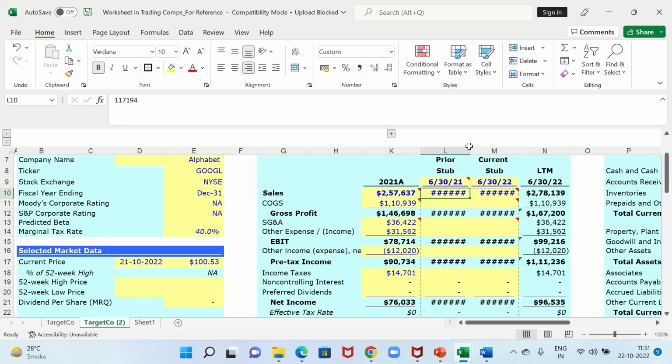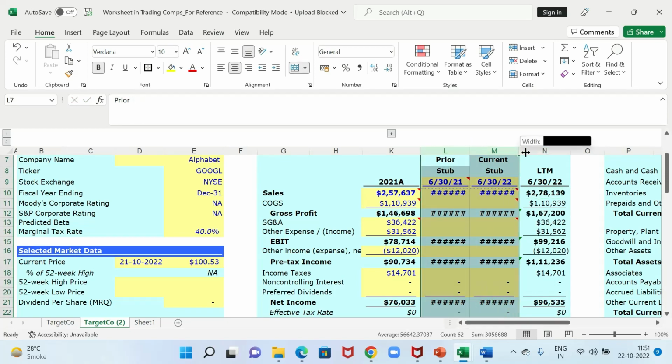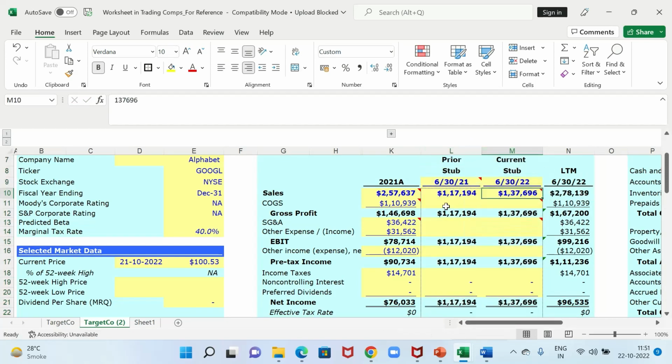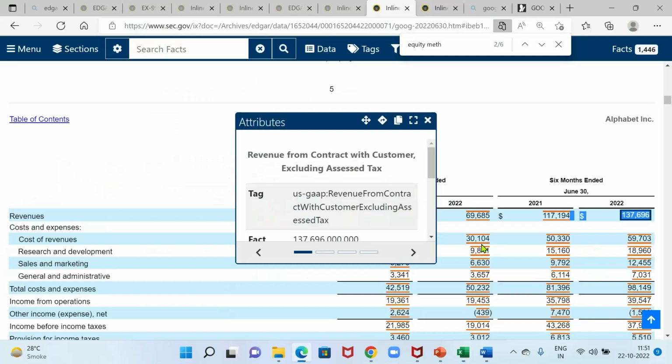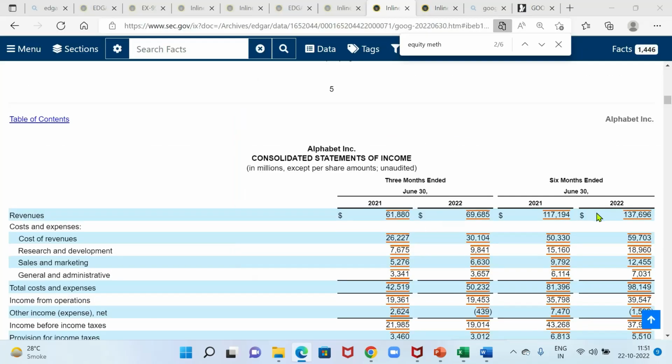I'm just showing you the first step. Then you'll have to spread these numbers, so you'll get these LTM numbers.